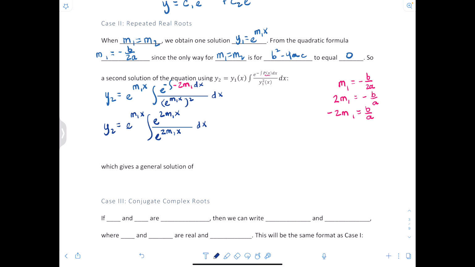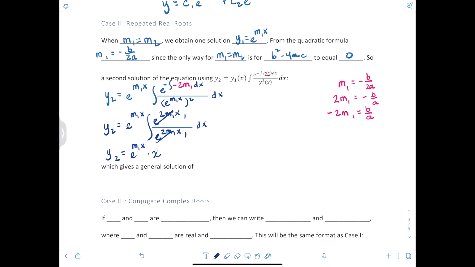And what happens? These terms divide out to be 1, right? So y2, therefore, would be e raised to the m1 times x times x. Isn't that cool?